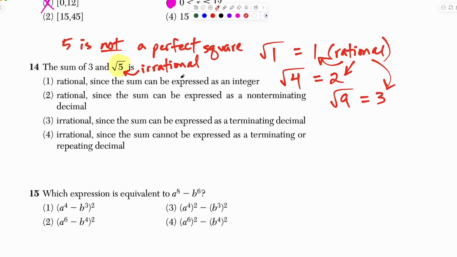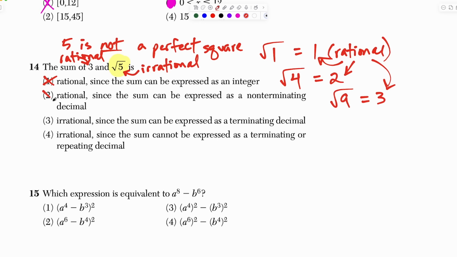And what that means is that this is going to be an infinite decimal that cannot be expressed with a specific pattern. It's not going to be repeating, and it's not going to terminate. It's just going on. So when we add a whole number and an irrational number, a whole number here counts as a rational number, but a rational number plus an irrational number is irrational.